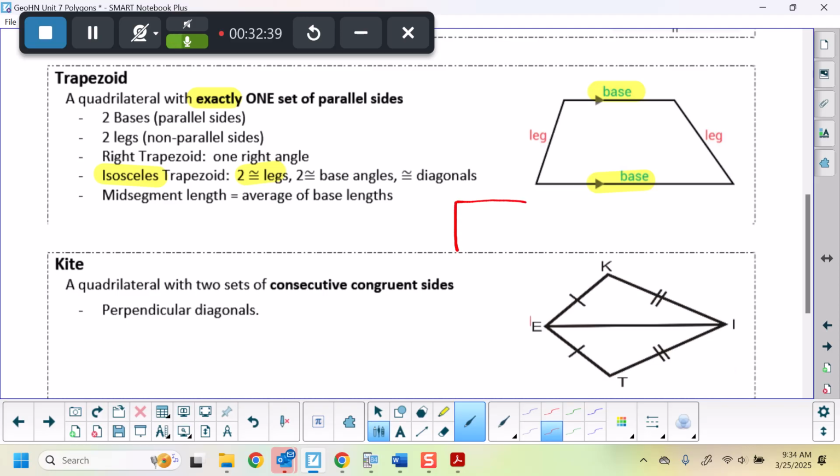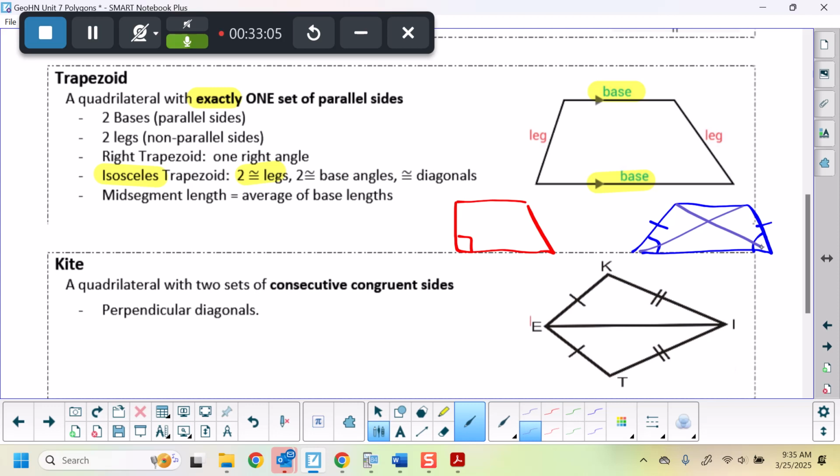Here's my parallel sides. Here's my right trapezoid. If I have an isosceles trapezoid, I'm going to have two congruent legs, and these base angles are going to be congruent. Isosceles trapezoids also have congruent diagonals.